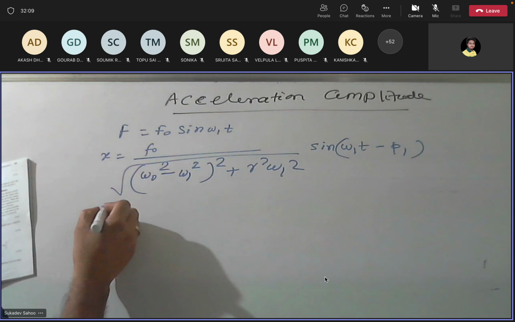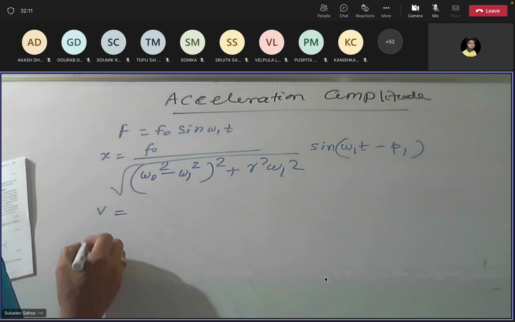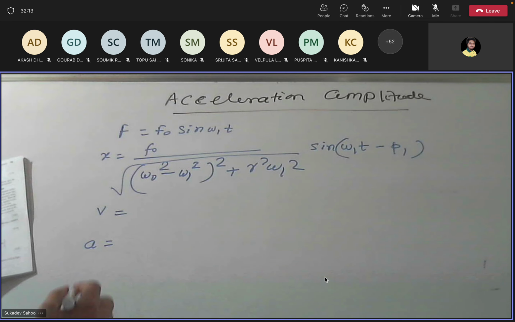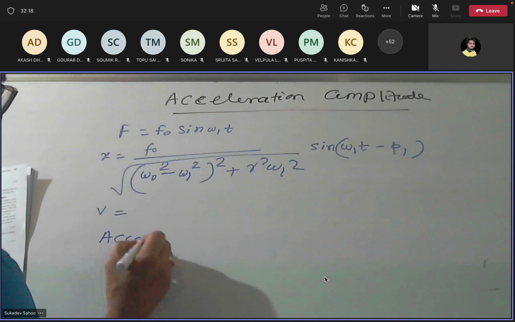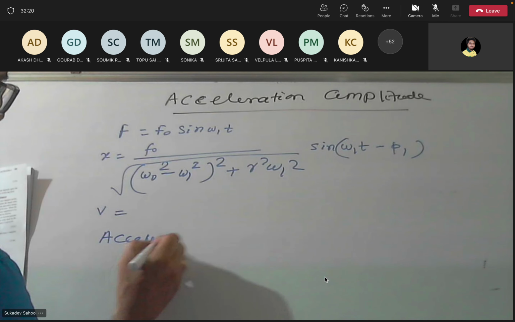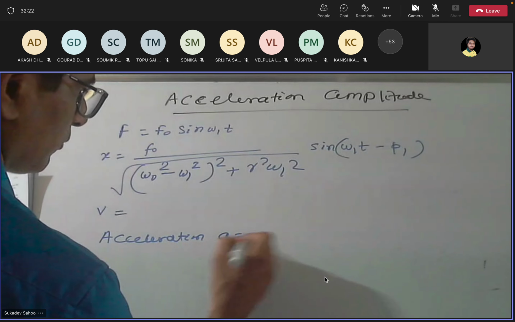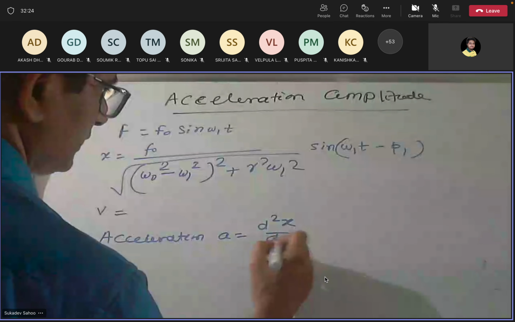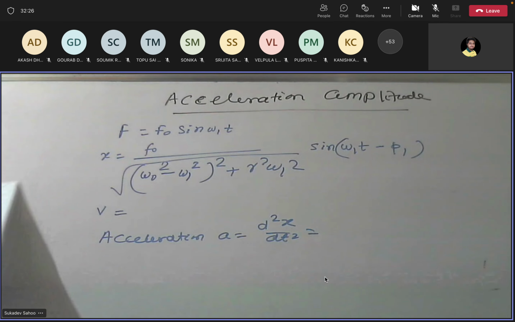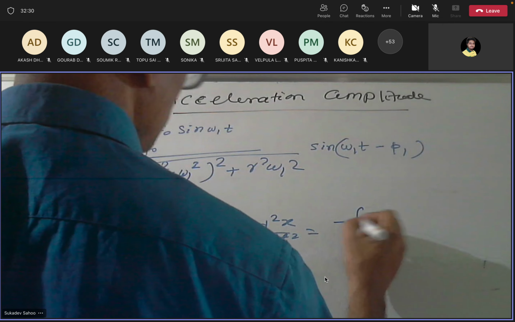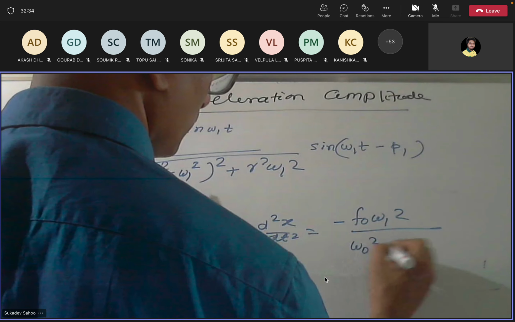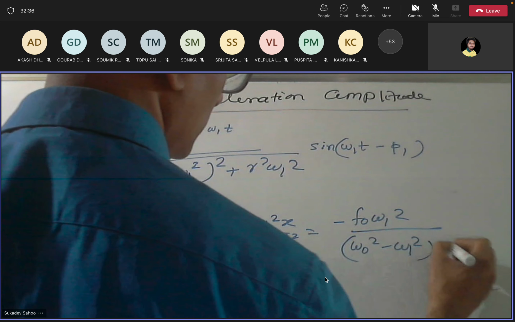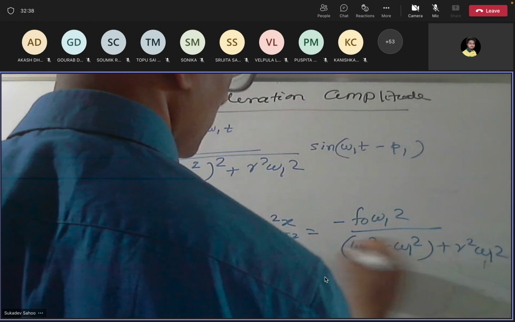Then you find the expression for velocity, then for acceleration. That is a equals d square x by dt square. I think all of you will be able to do it. So we can write minus F0 omega 1 square divided by the square root of (omega 0 square minus omega 1 square) whole square plus gamma square omega 1 square.